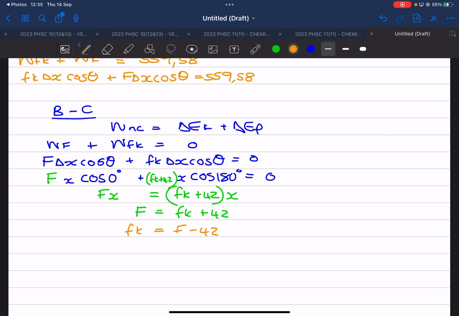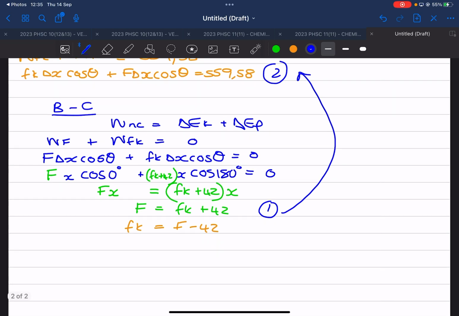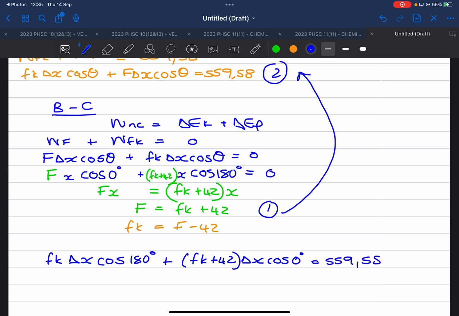Okay. Right, so I'm going to make this 1 and this 2 and I'm going to substitute 1 into 2. Okay, so ek het hierso fk delta x. Nou gaan ek sommer dadelik invul cos 180 plus fk plus 42 delta x cos 0 is gelyk aan 559,58.